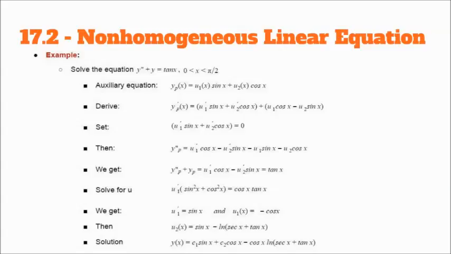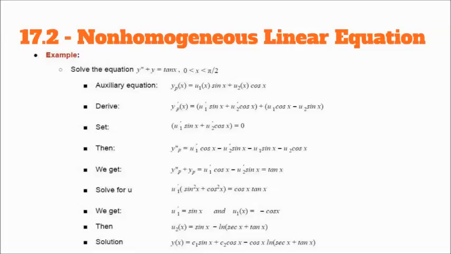Now, just as an example, we have y double prime plus y equal to tan x from 0 to pi over 2. So first we get the auxiliary equation, and then we take the derivative, and then we set u1 prime sine x plus u2 prime cosine x equal to 0 to simplify further.